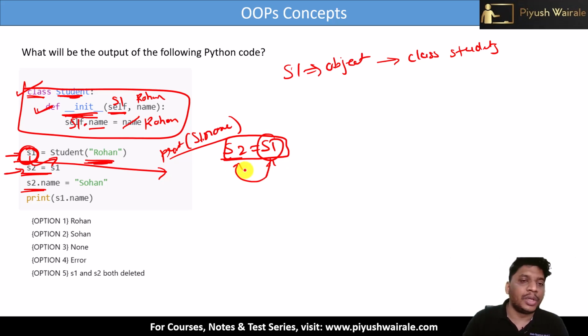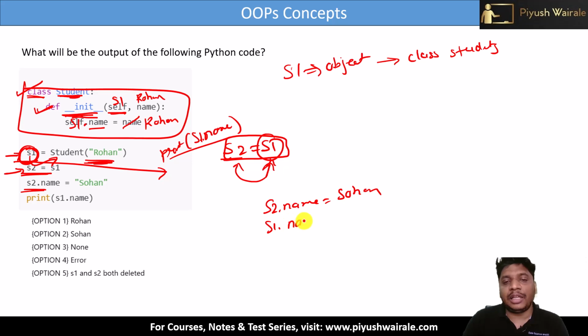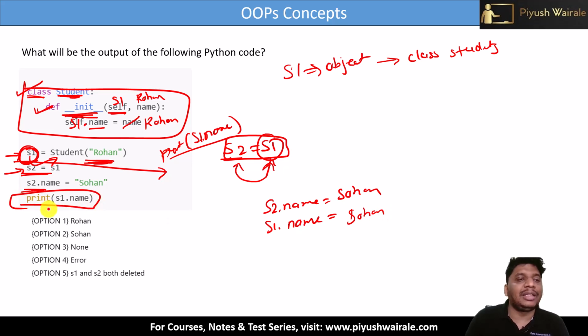Now if I say S2.name equals Sohan, it means the attribute name in S1 gets overwritten. So S2 or S1, it is the same thing. So S1.name will also be Sohan. If I print at this line, S1.name will be Sohan. So option 2 is correct here.